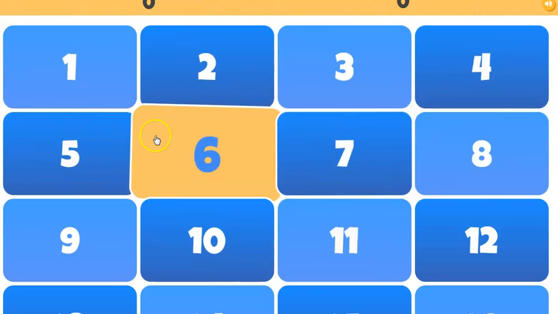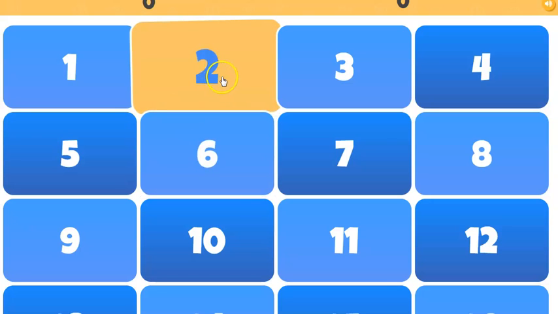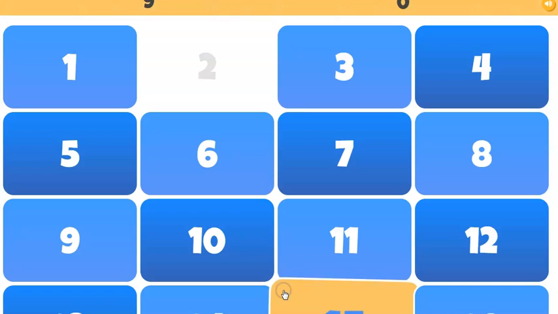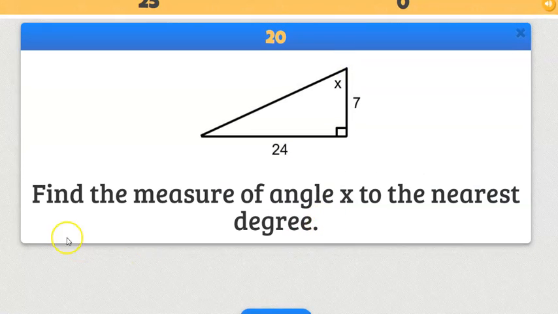You would have kids, team whoever starts, figure out a way for them to start. They're going to say, we want number 2. Okay, that was a weird one to start with, because that team just got bonus points for no reason. But let's go to 3. Find the measure of angle x to the nearest degree.